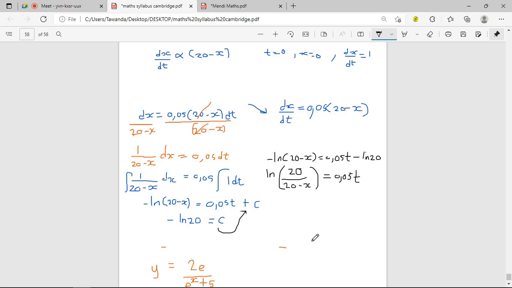So now, if you want to make our x the subject, you can introduce an exponential. Let's introduce the exponential. These cancel.